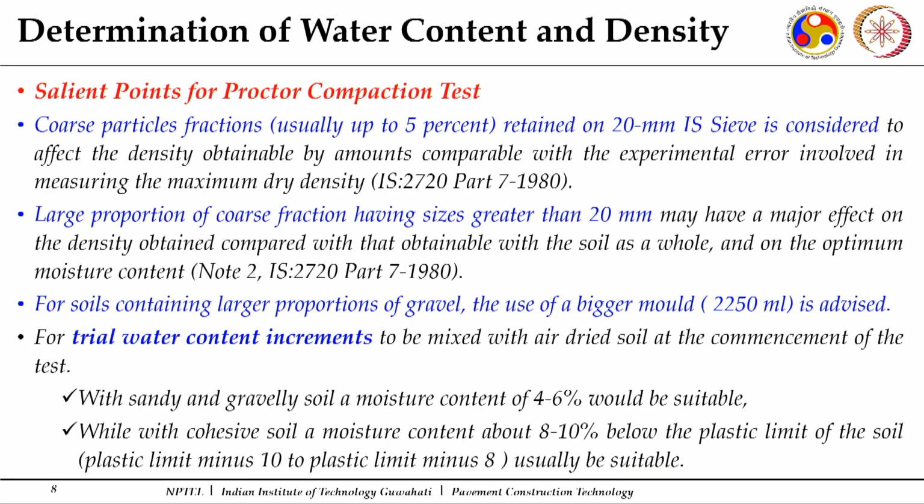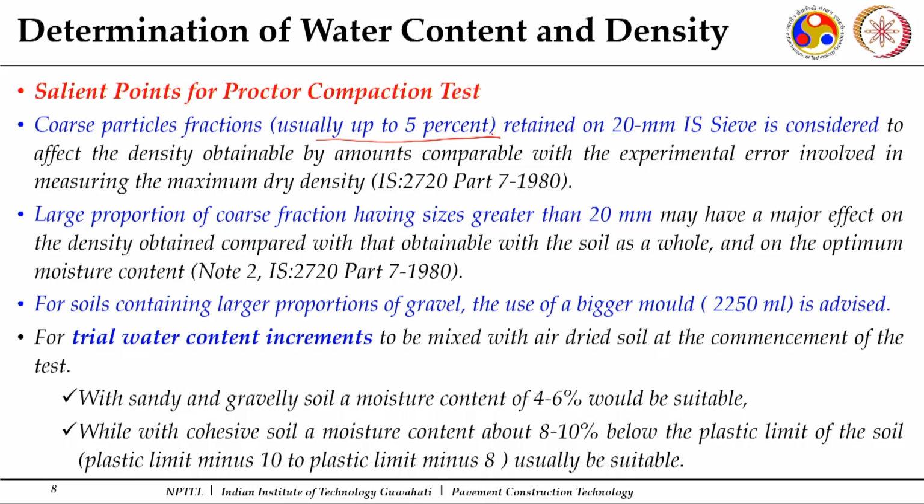Now, in addition, under this test there are a few important observations which are to be taken care of. As I mentioned, your soil may have some coarser particle sizes. That you are going to check by using a 19 mm or a 20 mm IS sieve. If the coarser particles are up to around 5%, meaning around 5% of particles are larger than this size, this can be worked out.